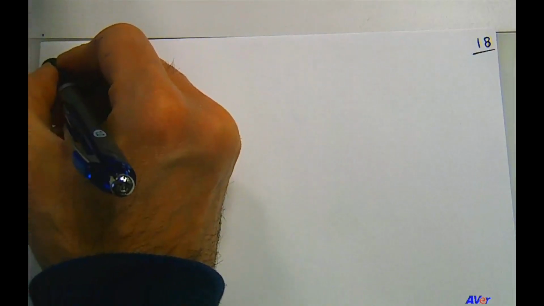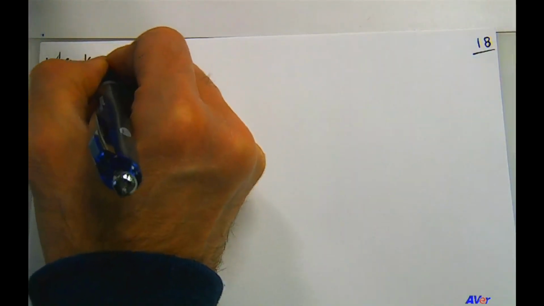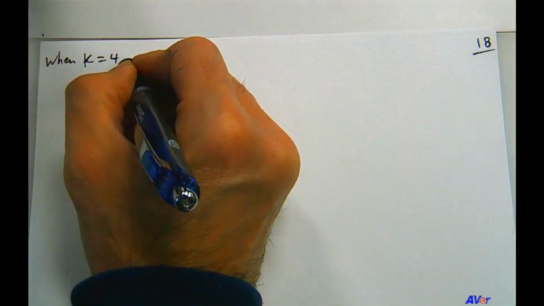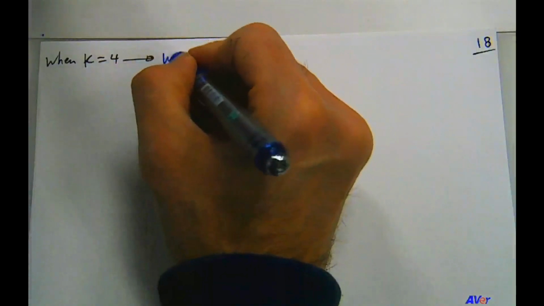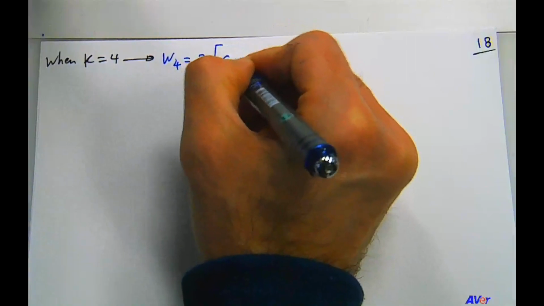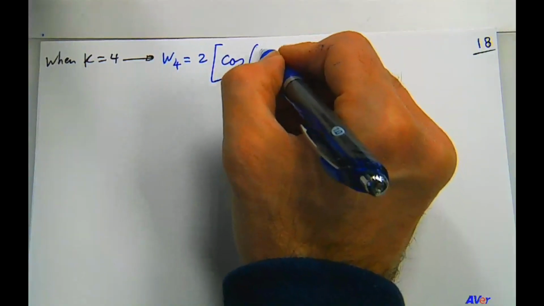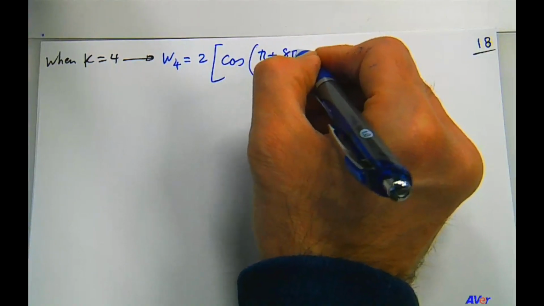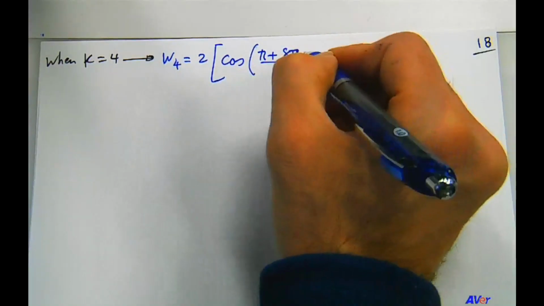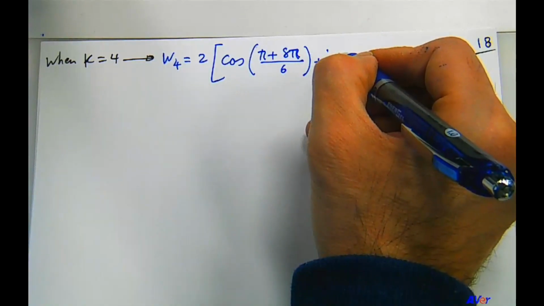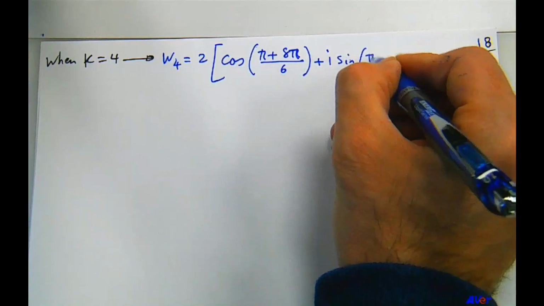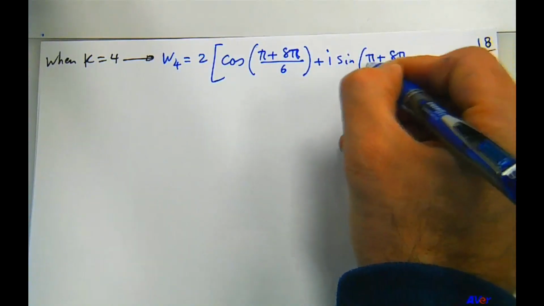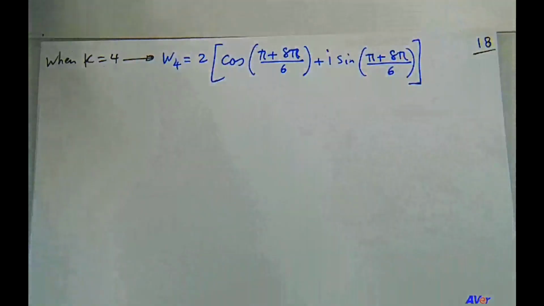Okay, so when k equals 4, then we have W4 equals 2 times cosine of pi plus 8 pi over 6, plus i sine of pi plus 8 pi over 6, like that, right?